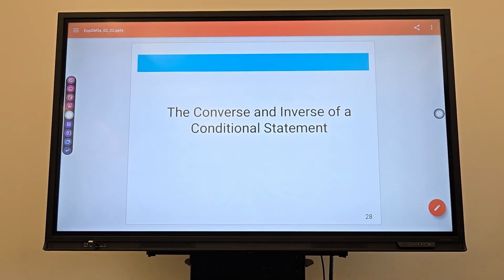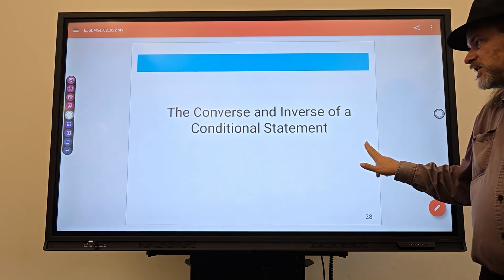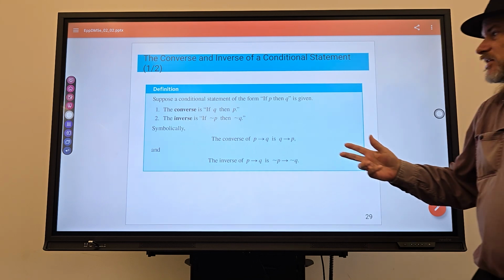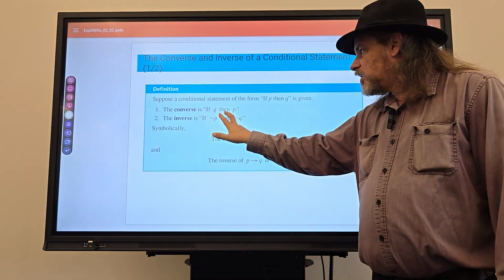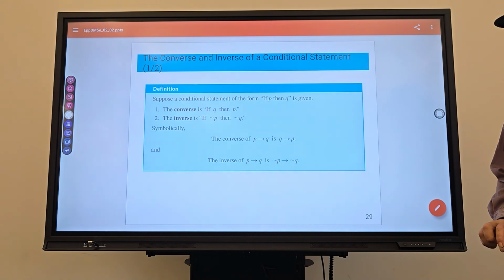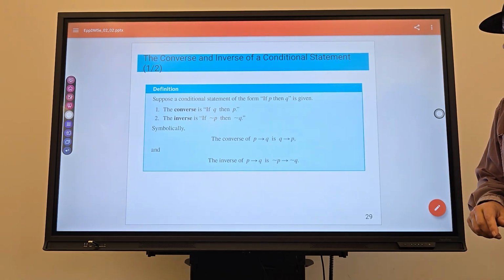Converse and inverse of a conditional statement. The converse is flipping the statements around. If P then Q, the converse is if Q then P. The inverse is just negating the two arguments, not switching them.